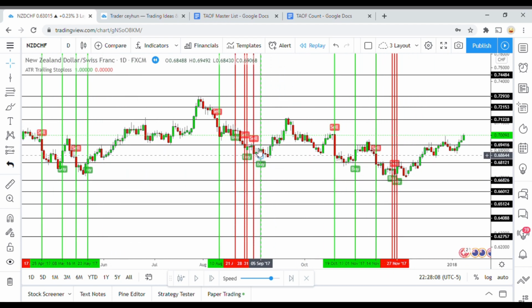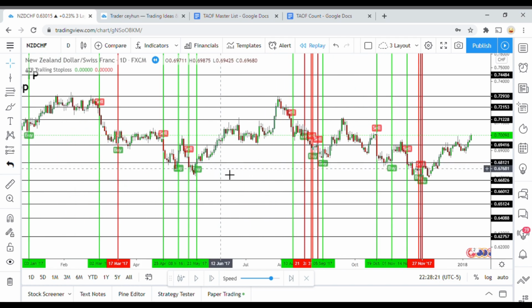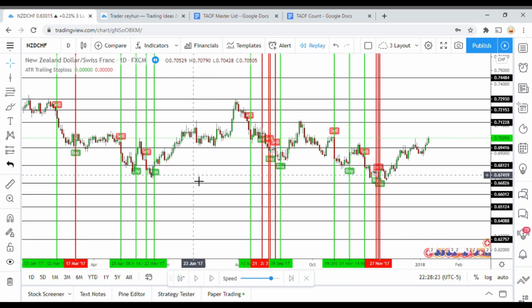If we would have only picked up, say, one losing trade here, one losing trade here, instead of losing trade, losing trade, losing trade, losing trade, then this definitely would have gotten us to the 60% criteria.